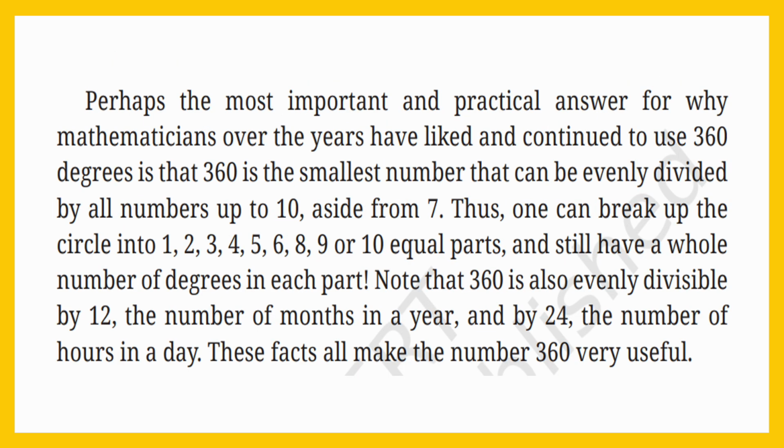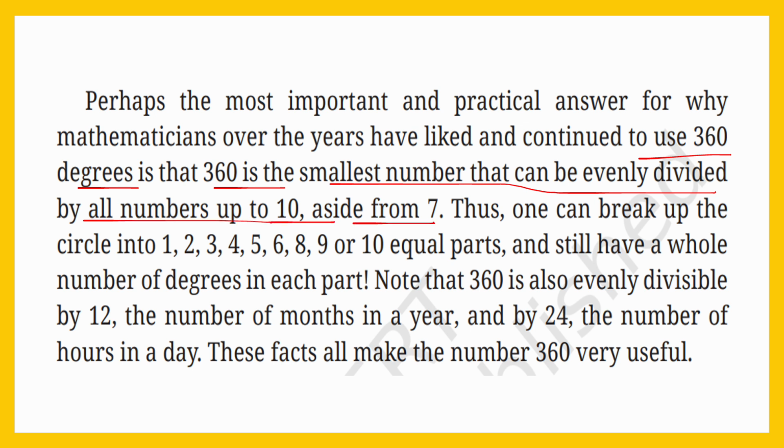Perhaps the most important and practical answer for why mathematicians over the years have liked and continue to use 360 degrees is that 360 is the smallest number that can be evenly divided by all numbers up to 10 aside from 7.